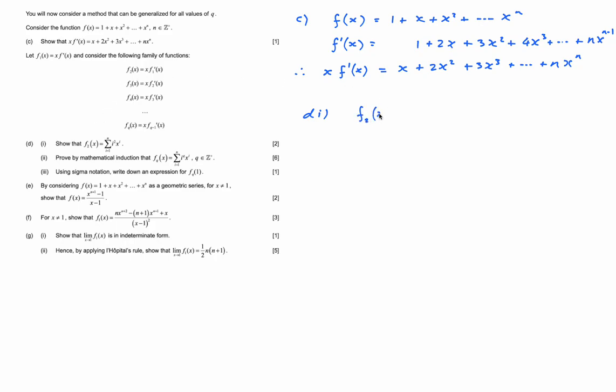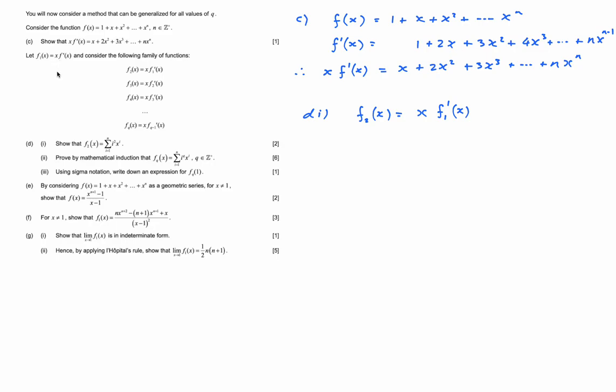f2 of x is equal to x times f1 dash of x. Now just be careful with my ones and my dash. So this is what f2 of x is defined as. It's x f1 dash of x.